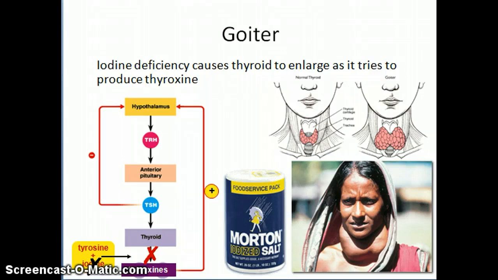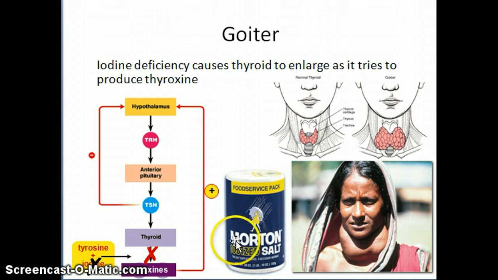So when there's an iodine deficiency, it causes the thyroid to enlarge because it's trying to produce thyroxine, which it cannot do because it doesn't have enough iodine. So it keeps getting larger and larger, and this is a terribly extreme case of a thyroid gland that has swelled in an effort to produce enough thyroid hormone.